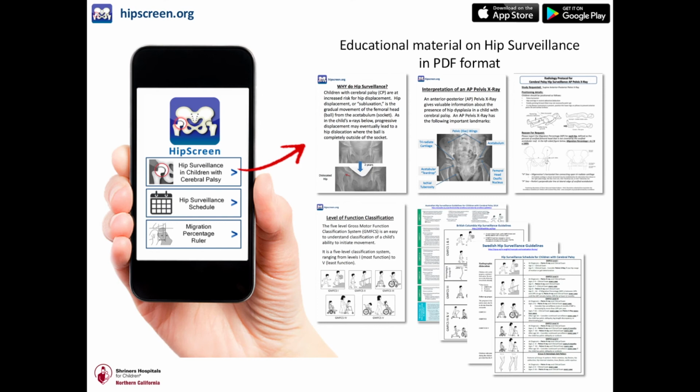There are details for a radiology department, a protocol that allows the department to properly position the child, and instructions to the radiologist on how to measure migration percentage. There's also a description of the level of functions as described by the Gross Motor Function Classification System, or GMFCS. And finally, all the guidelines for hip surveillance are there at your fingertips.